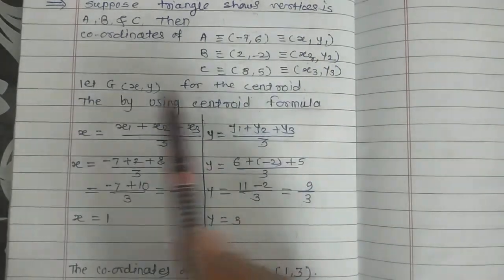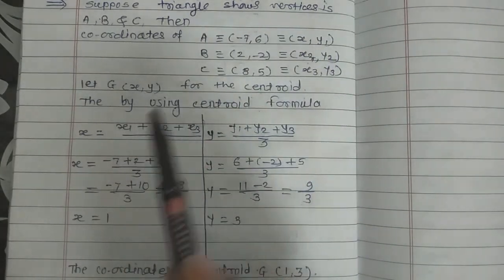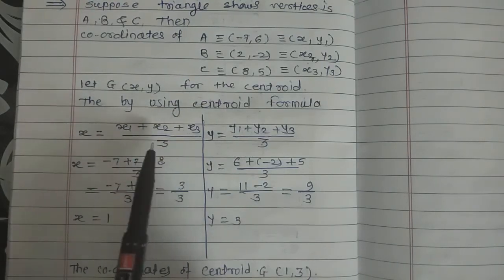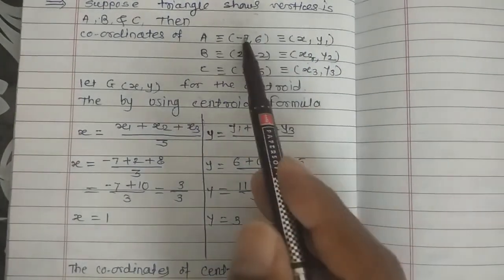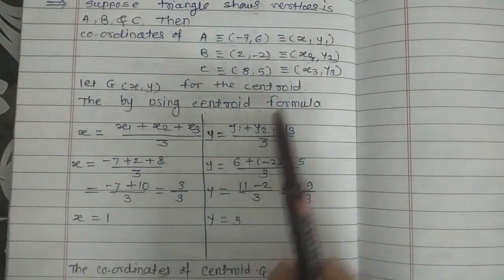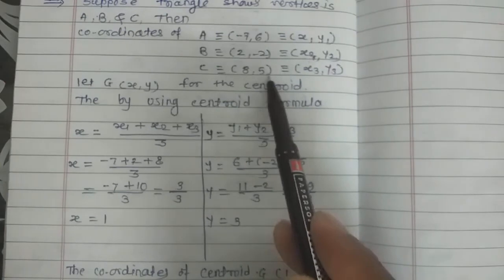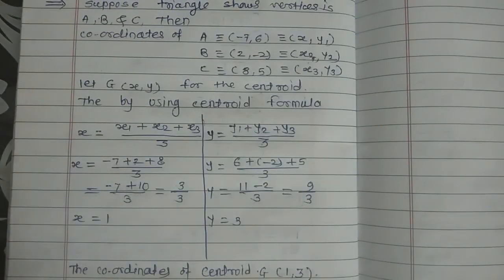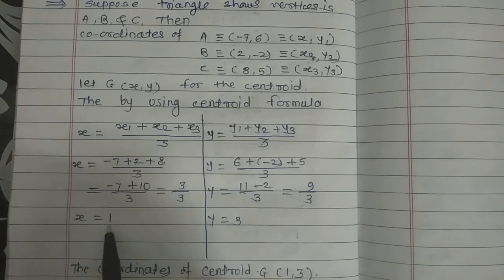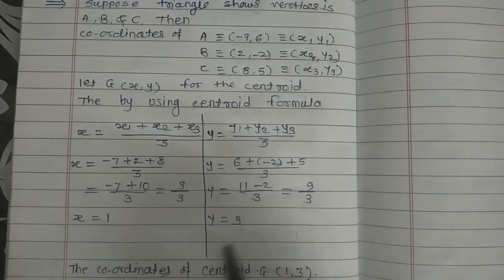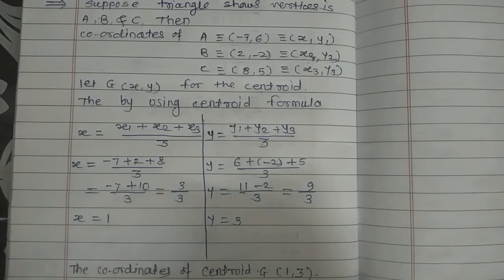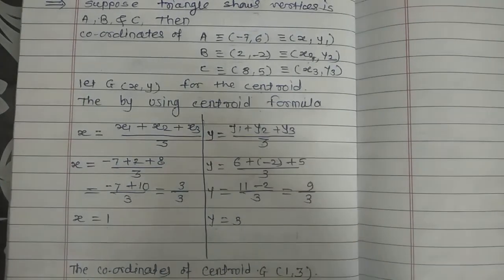Then for the centroid G, let it be x and y. By using the centroid formula, x1 plus x2 plus x3 upon 3 and y1 plus y2 plus y3 upon 3, with the given values added in this formula. After the addition and division, x is equal to 1 and y is equal to 3, so the coordinates of the centroid G are (1, 3).